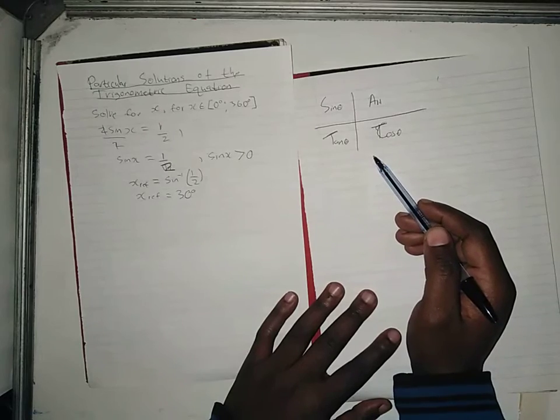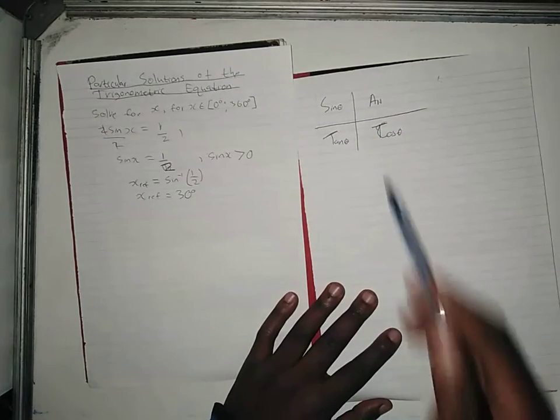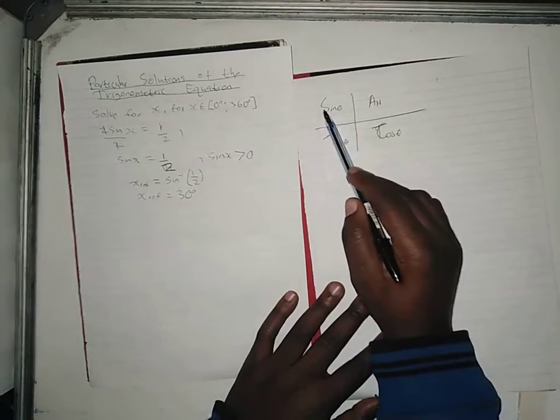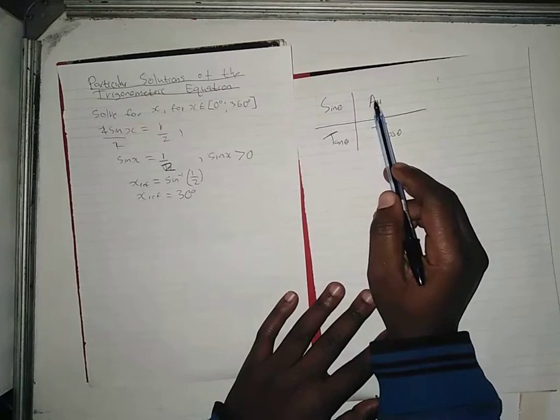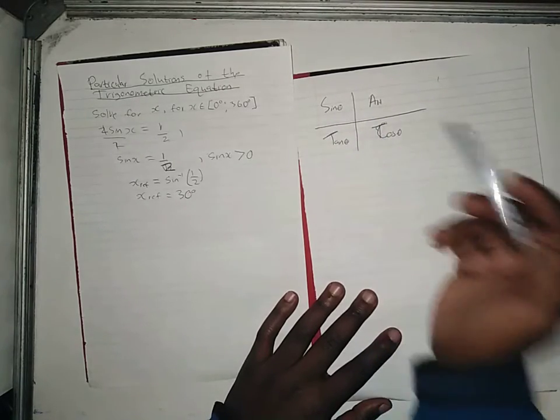Remember, people used to abbreviate this with "All Stations to Cape Town," or some will say "All Students Take Coffee." It's up to them.